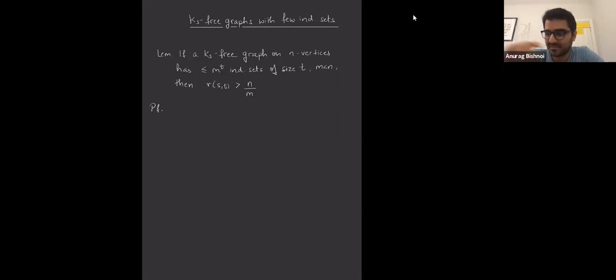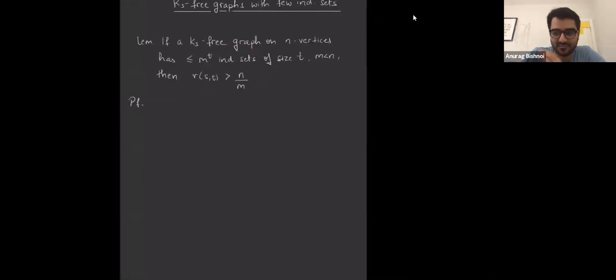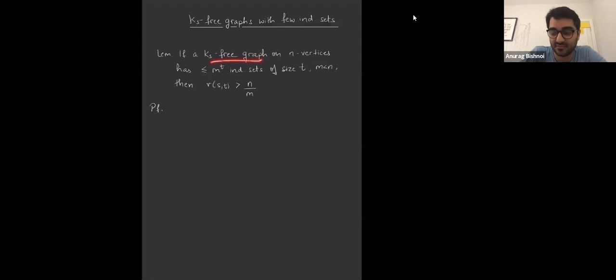And here's a very general result, which says the following. Start with any K_s-free graph. Nothing about its eigenvalues, just start with your favorite K_s-free graph on n vertices, such that the number of independent sets of size t in this graph is not too much.